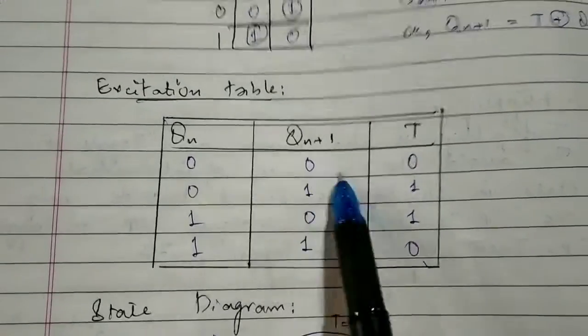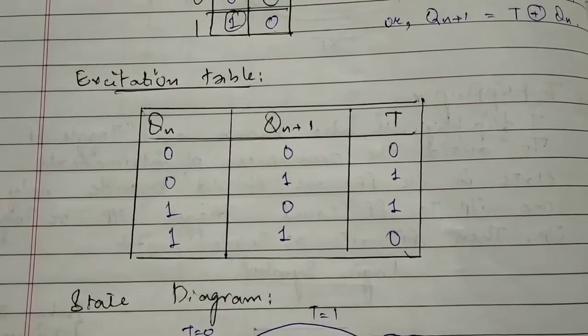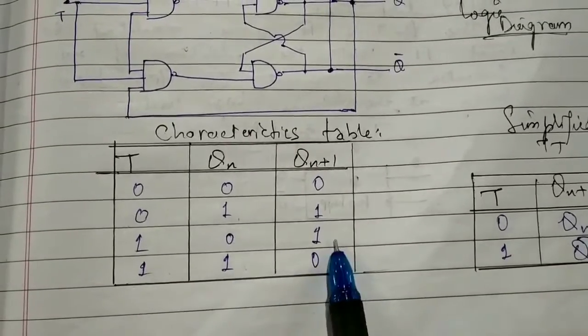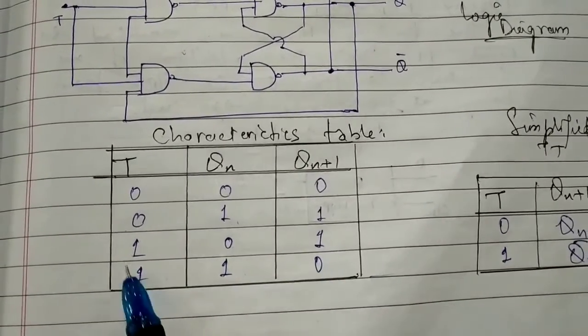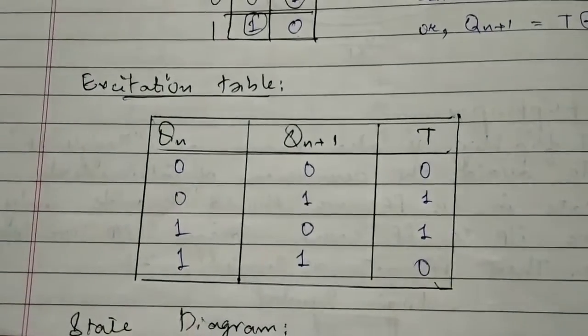So for 00 we have 0, and for 01 we check the 01 entry in the characteristic table. For the 01 entry the input is 1, so we write 1 in the T section.